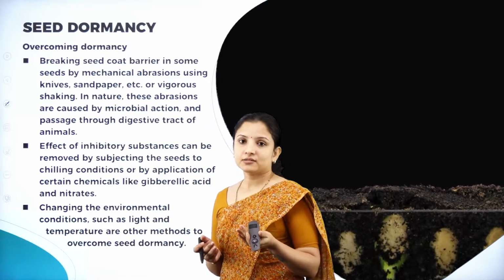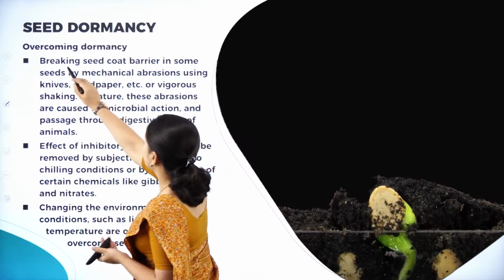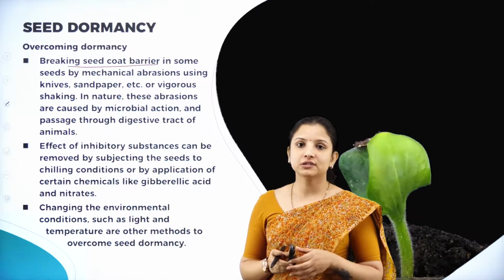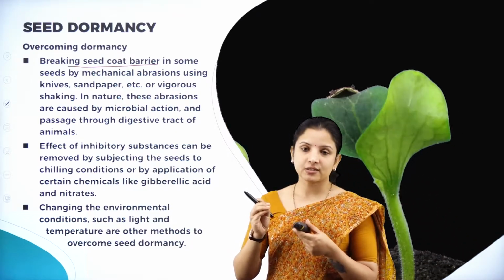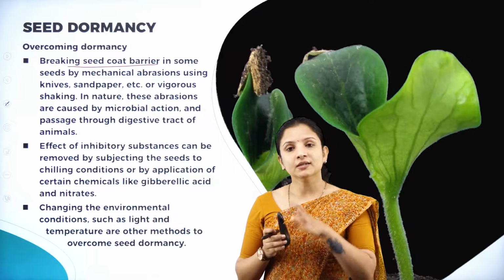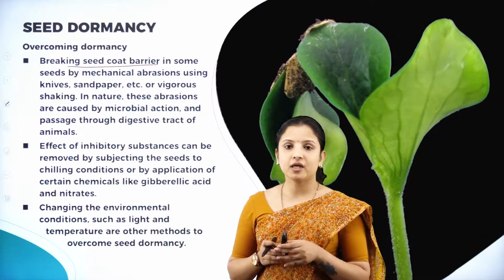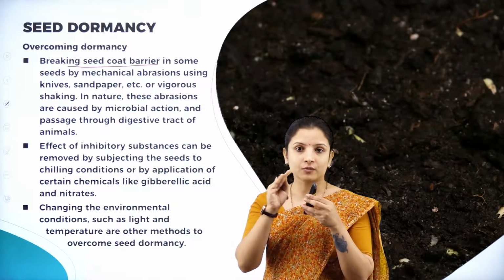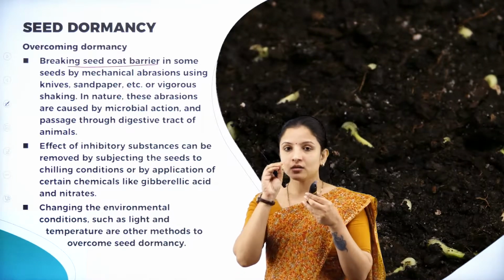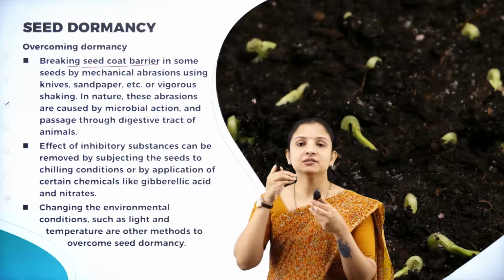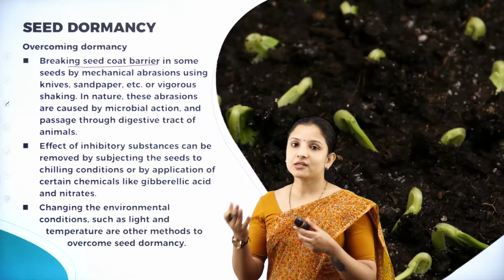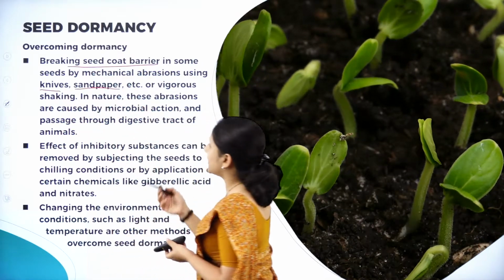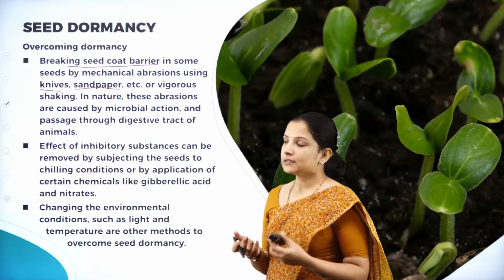So we can break the seed coat, breaking the seed coat barrier in some seeds by mechanical forces such as abrasions. Abrasion means that, if the seed coat is very hard, we can take sandpaper and rub on the seed coat. Rub until the inner kernel part of that seed is exposed, so that the seeds can germinate properly. So by using knives or sandpapers, we can break the seed coat.